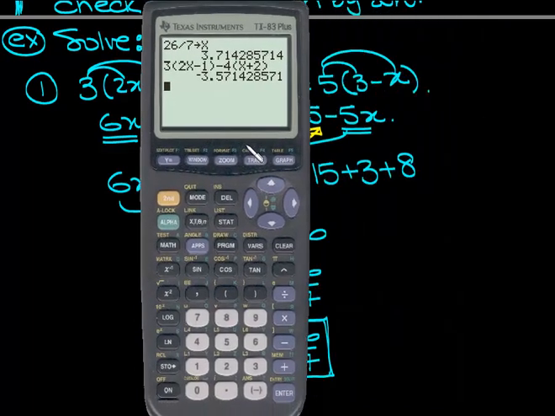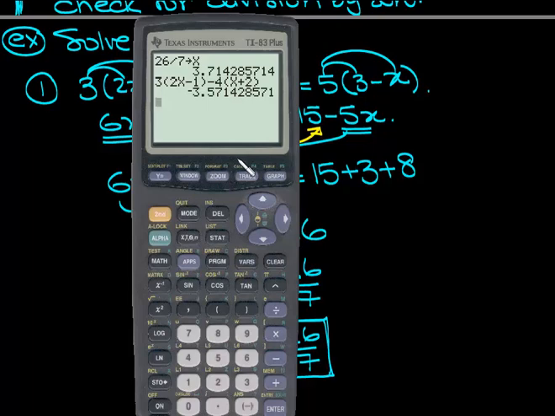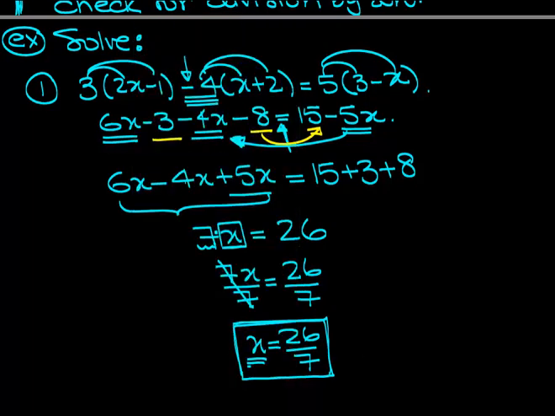Now let's do the same thing with your right hand side and see if those two values are the same. So I take 5 parentheses 3 minus x close parentheses, and they are the same, so we know the solution we came up with was right. That's all we need to do to check your answers. Just store the value of the answer you got into the variable x, and then just check the two sides. I'll show that to you again in the next example.